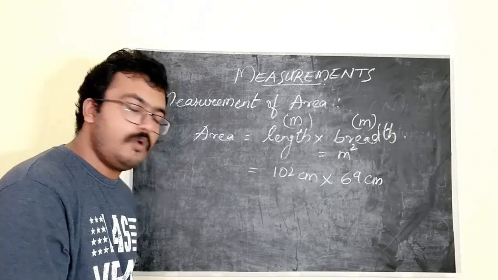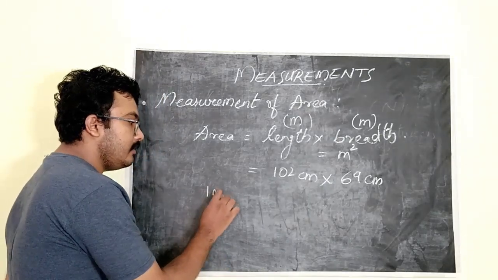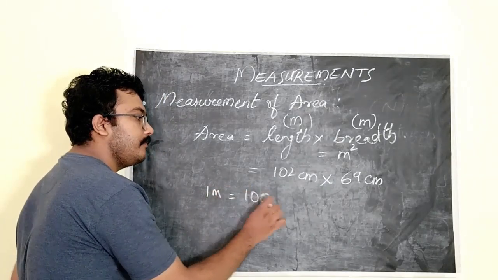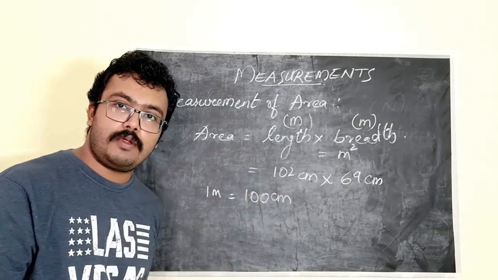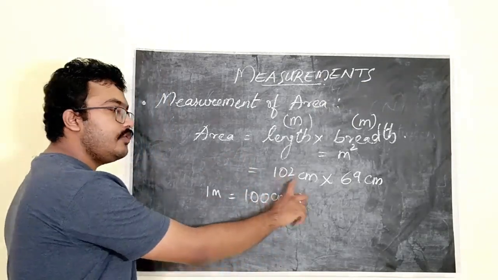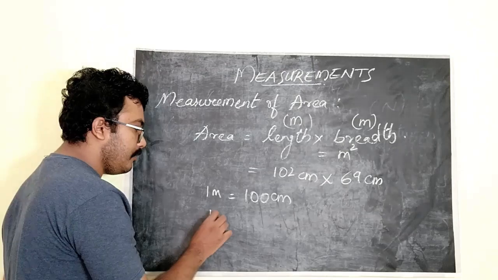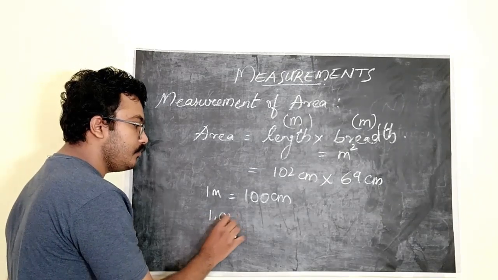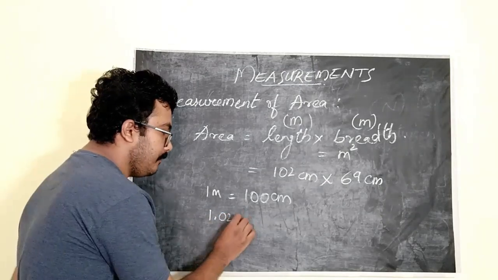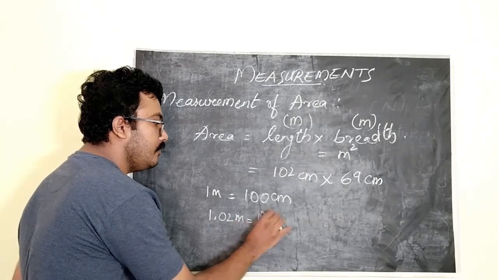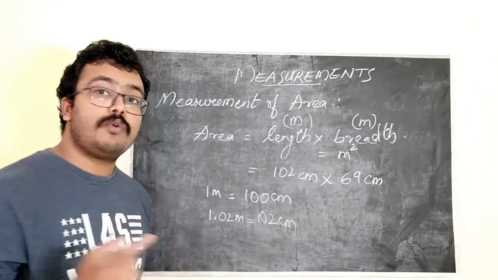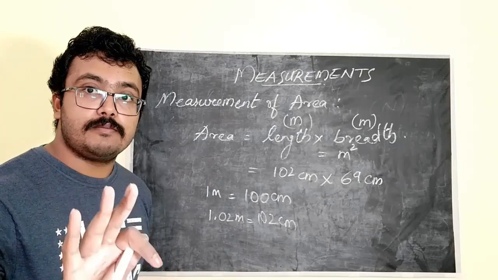You already know 1 meter is equal to 100 centimeter. Right? So 102 centimeter is nothing but 1.02 meter. Now how do I do that? See, it's very simple.